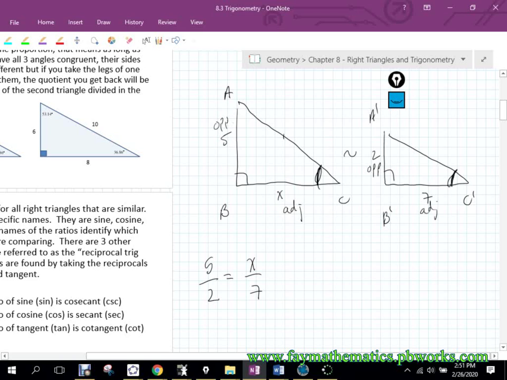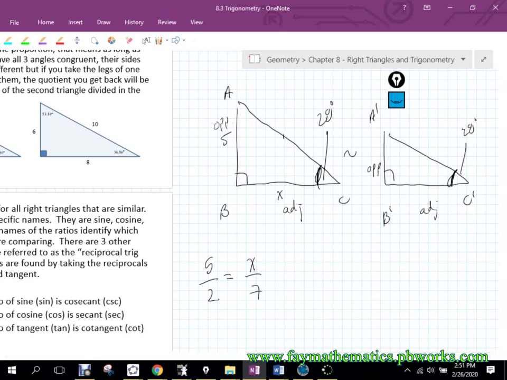What this allows us to do, if you know that angle, let's say that angle is 28 degrees, is that you're not going to know that 7, you're not going to know that 2. And if I don't know that 7 and I don't know that 2, then I don't know the 5/2 ratio. Does that make sense?